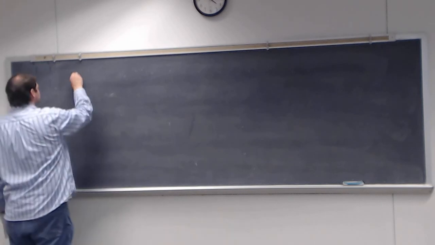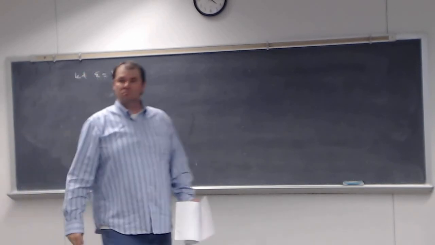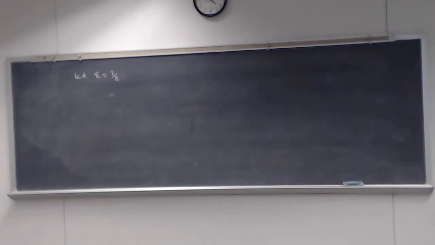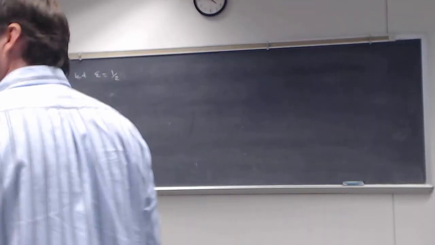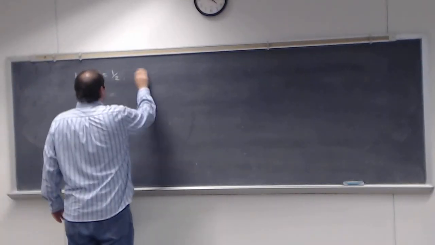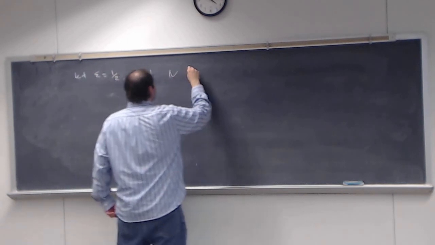Is that okay? So here's what I'm going to do. Let epsilon be equal to 1/2. And I did this in the video lecture, I believe. I think I did this, but it went real fast. Okay. Let n be a natural number.